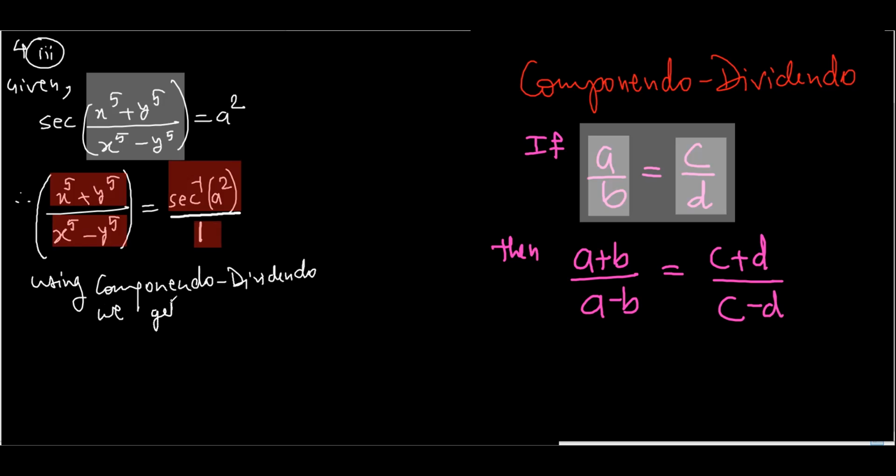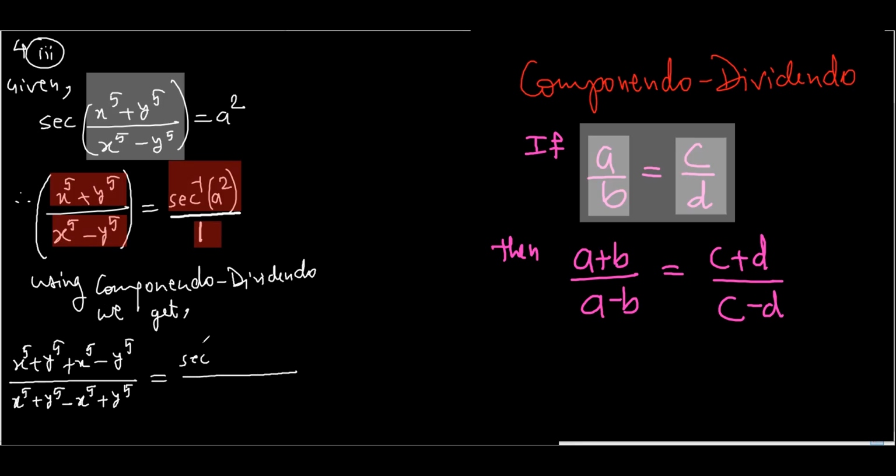We add the denominator in numerator and write in numerator. So x raised to 5 plus y raised to 5 plus x raised to 5 minus y raised to 5. You are adding, so the sign will not change. Now you will subtract the denominator from the numerator. So you will get x raised to 5 plus y raised to 5, now you're subtracting, so the sign will change, minus x raised to 5 plus y raised to 5, the sign has changed. You do the same on the right.